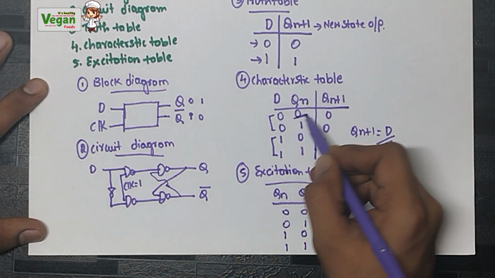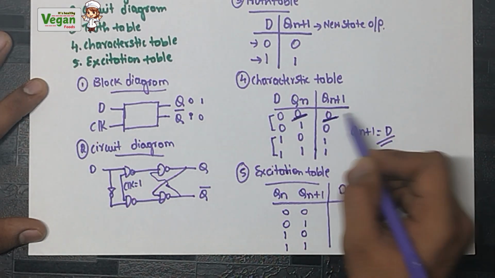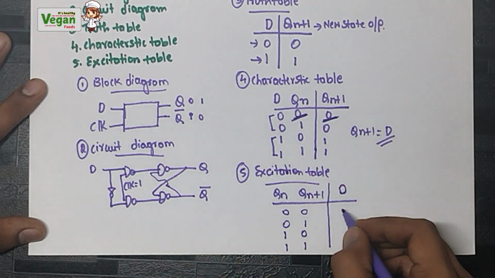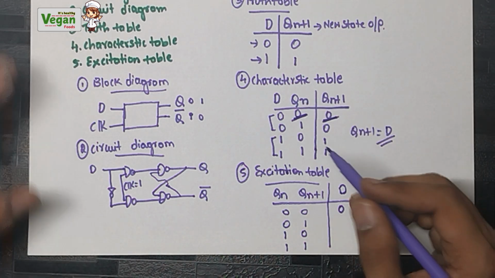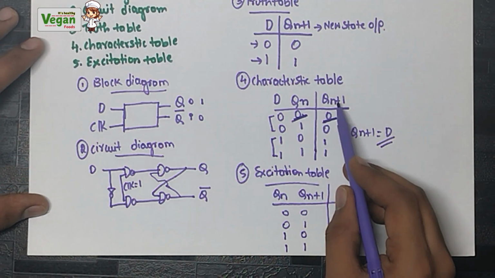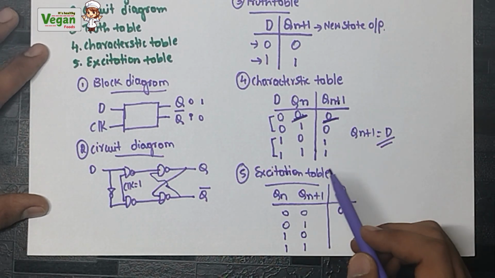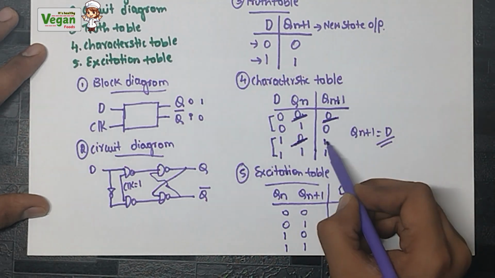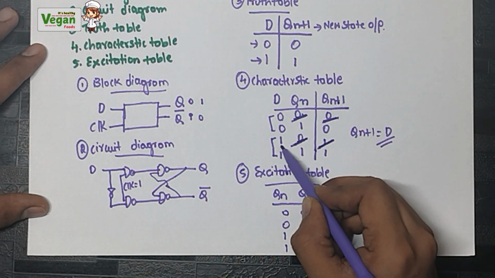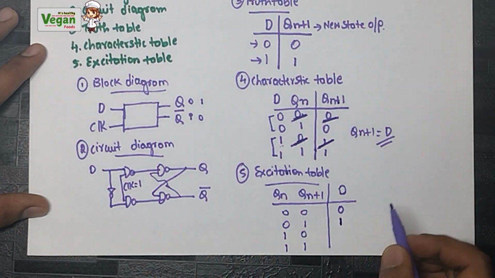To construct the excitation table, take the reference of the characteristics table. When Qn is 0, Qn plus 1 is 0, D is 0. Next, when Qn is 0, Qn plus 1 is 1, D is 1.